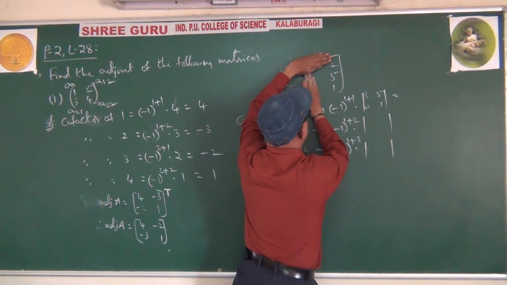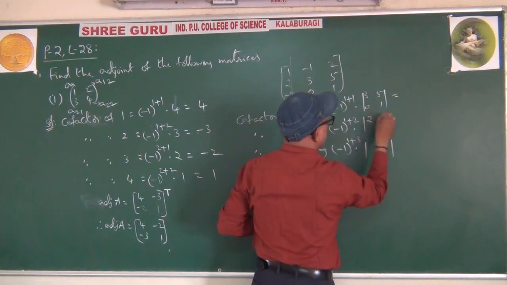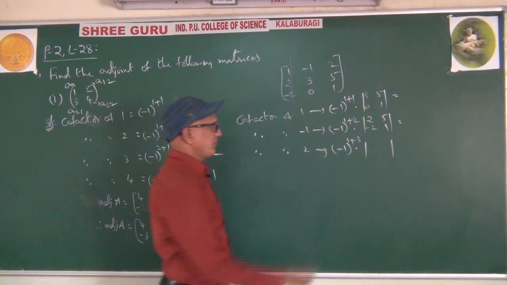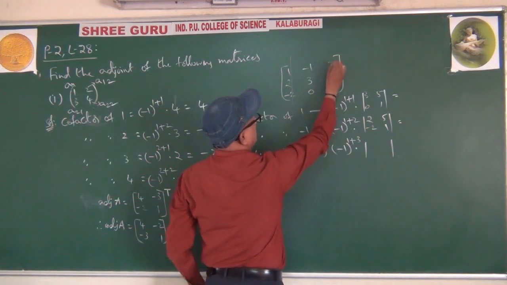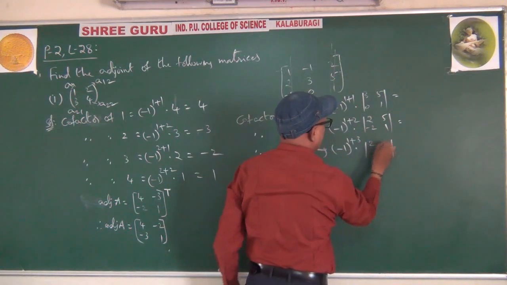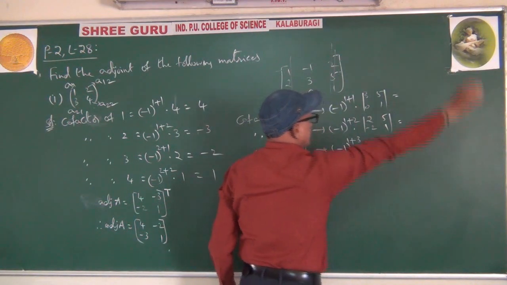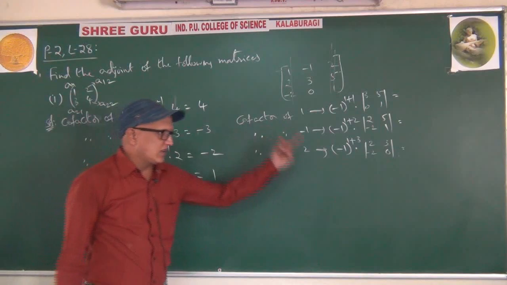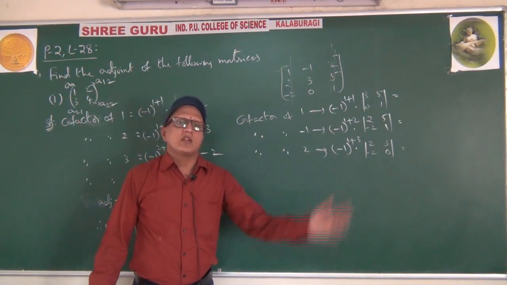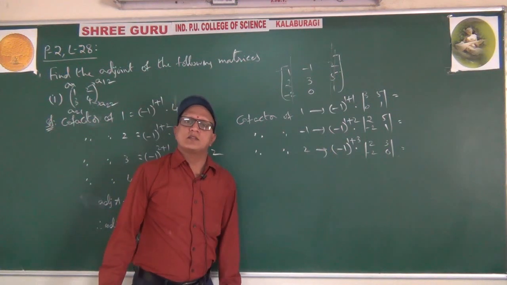Remove this row, this column. 2, 5, minus 2, 1. Simplification. Remove this row, this column. 2, 3, minus 2, 0. Simplification. You will get all cofactors, then find the transpose of that one. You will get the adjoint of the matrix. Right?